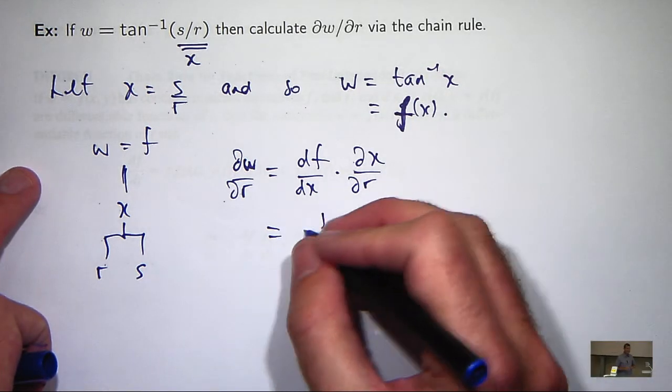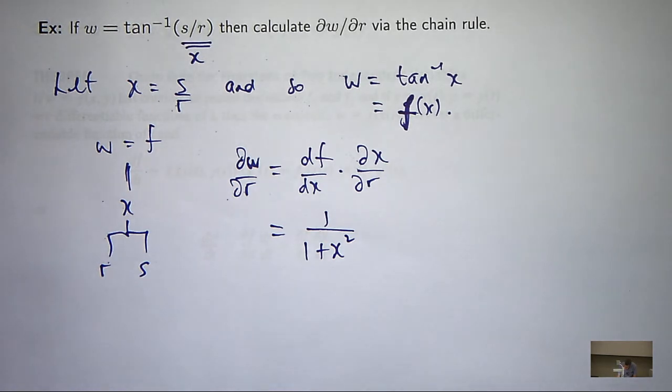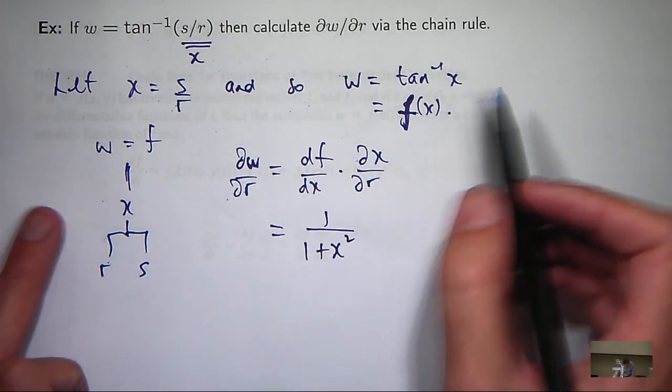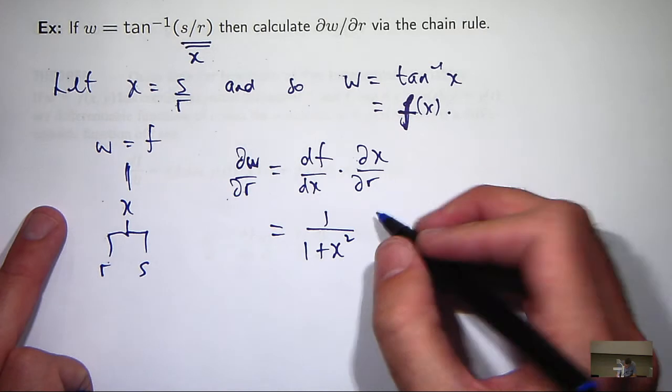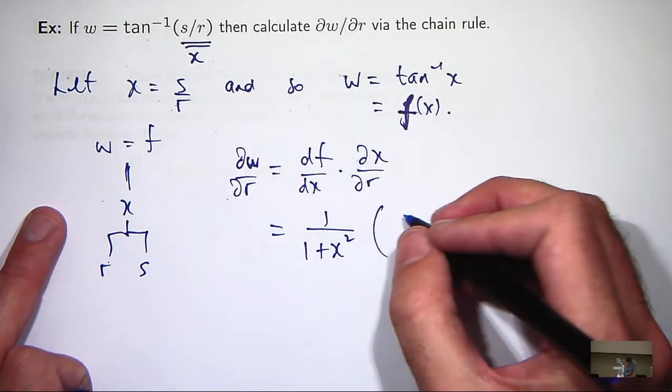So now you have a choice. Which variables do I want the final answer in? Well, in this case, I'm going to do it in terms of r and s because the variable appears in the derivative, dw dr. So I can go and back substitute.